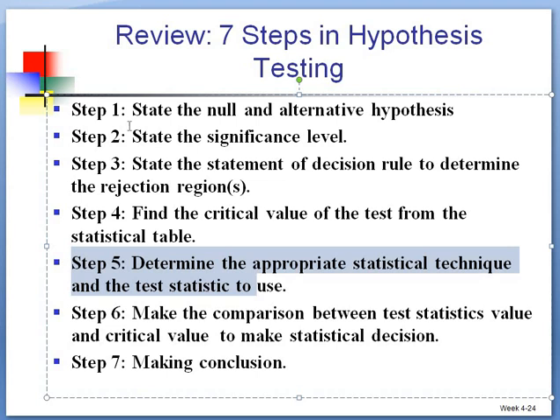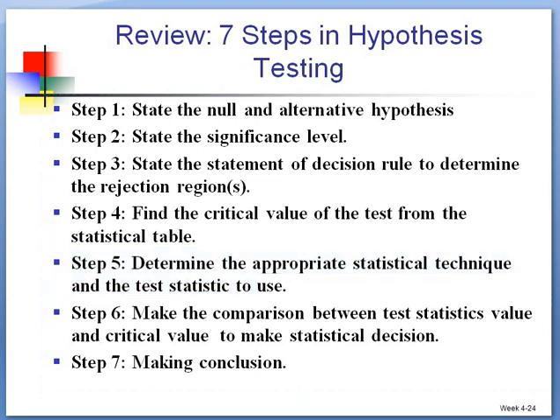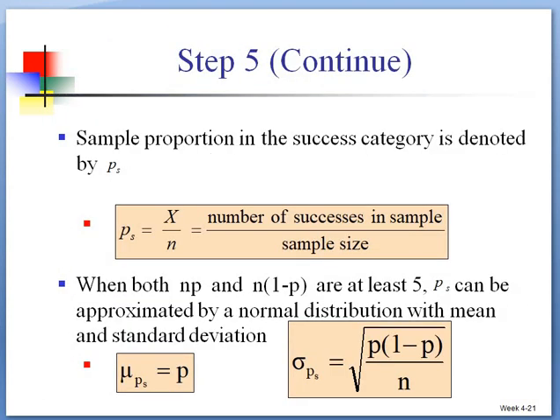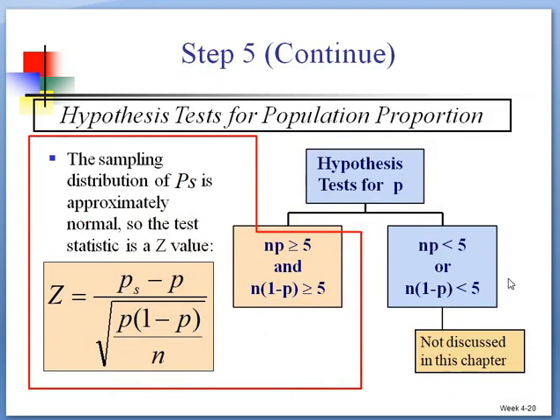Next, if the question asks about the proportion, we have to check n times p and n times 1 minus p, whether they are greater than or equal to 5 or not. If so, we can use this formula. Otherwise, no.